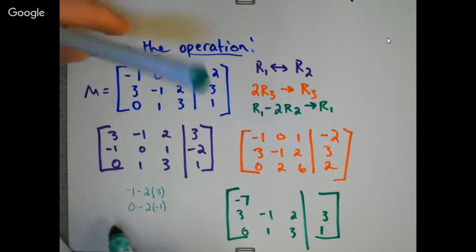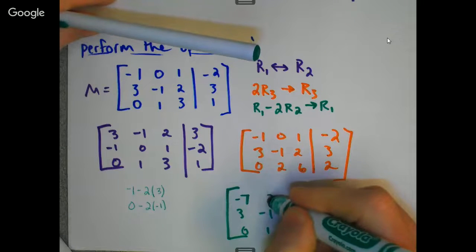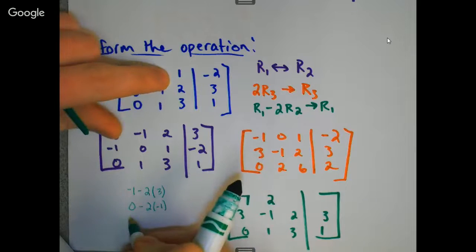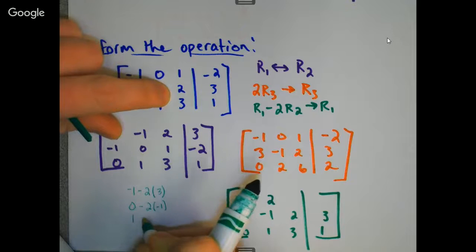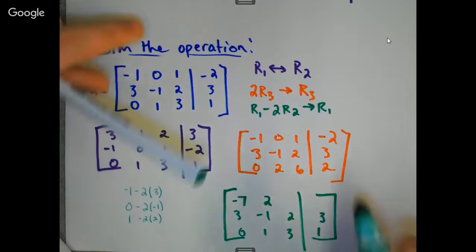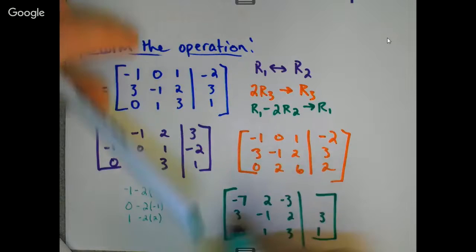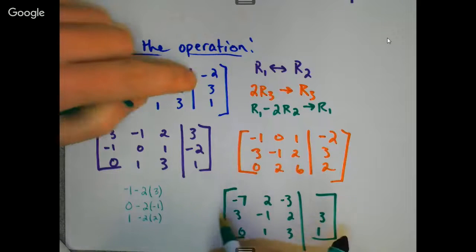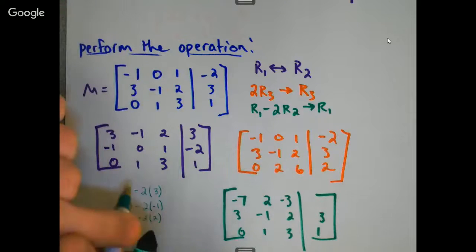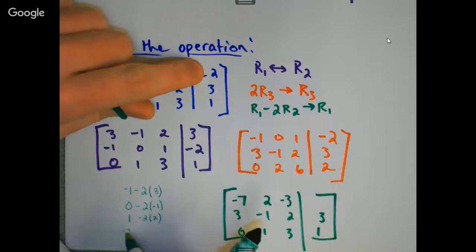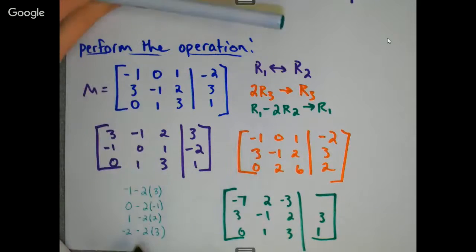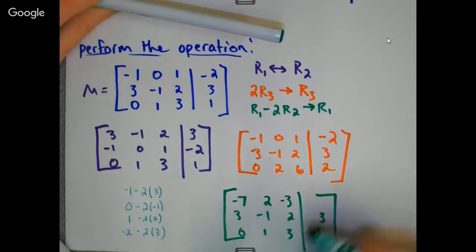You have 0 minus 2 times -1, which is 2. Then row 1 element minus double row 2 element: -1 minus 4, which is -3. And you still have to do the answer as well. You have to do this to every column. So row 1 minus double row 2: -2 minus 6, which is -8.